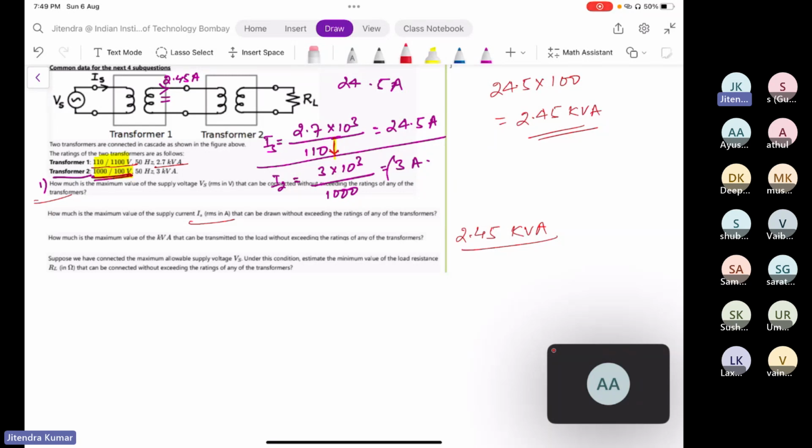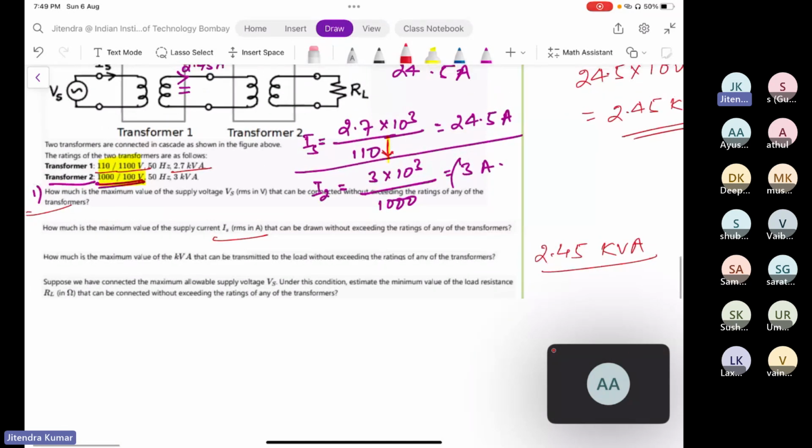Now, in the second part, we could have gone ahead with 30 ampere, right? But we restricted that current to 24.5 ampere. Why? Because we have to be concerned with the safety of transformer 1. That's why we reduced the value of current to 24.5 ampere.